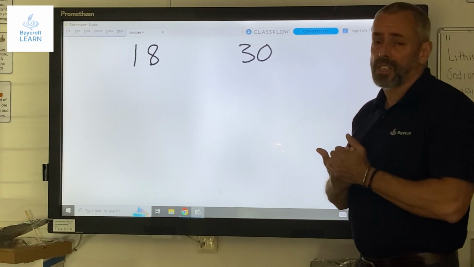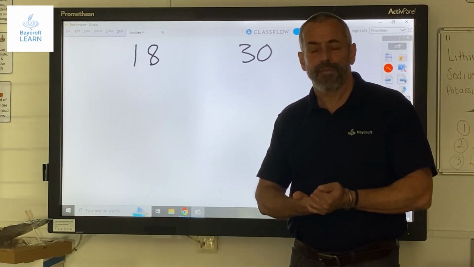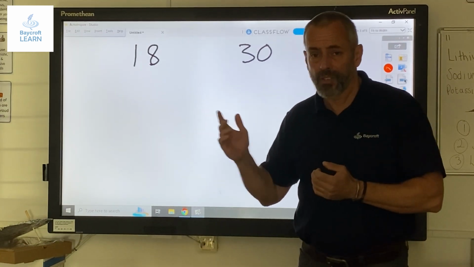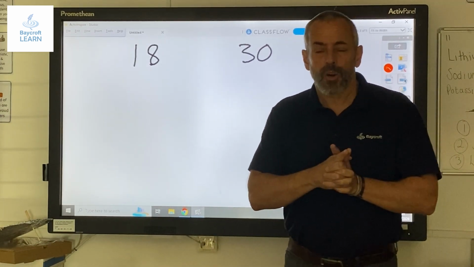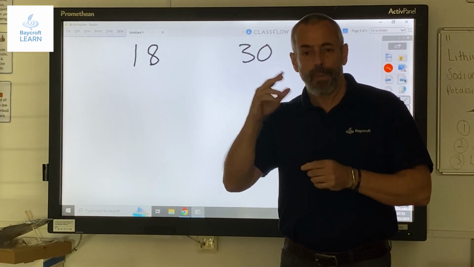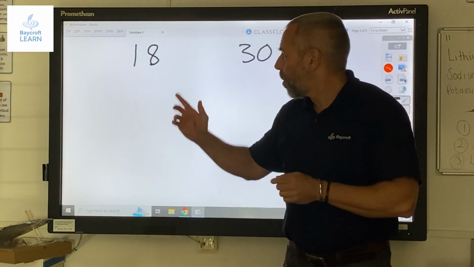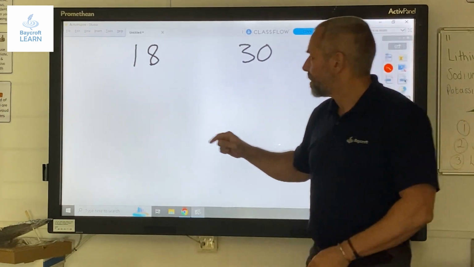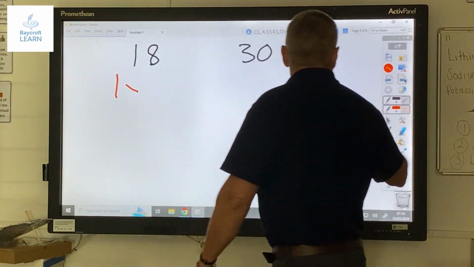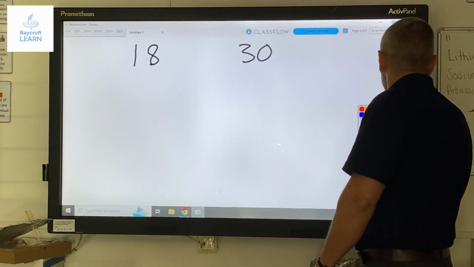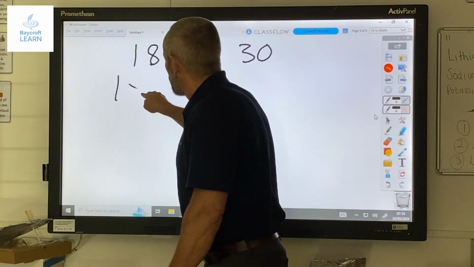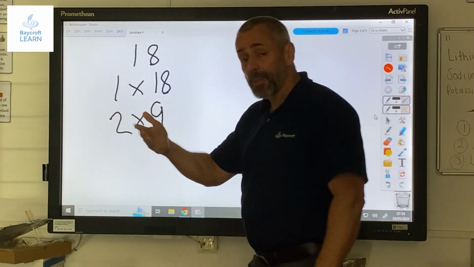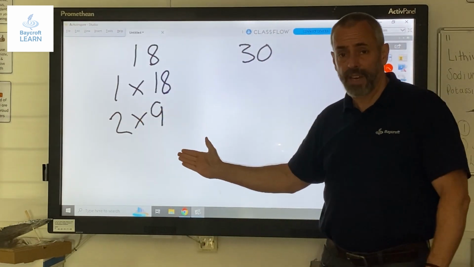We are, however, just going to look at what we mean by HCF, or highest common factor. I'm not even going to do this example because you do know how to do it. Just to remind ourselves, the highest common factor is the biggest number that appears in both lists. So what we're going to do is find the factors of both of these numbers. So 1 times 18, 2 times 9, and I'm going to keep going until I've got all of my factors of 18.